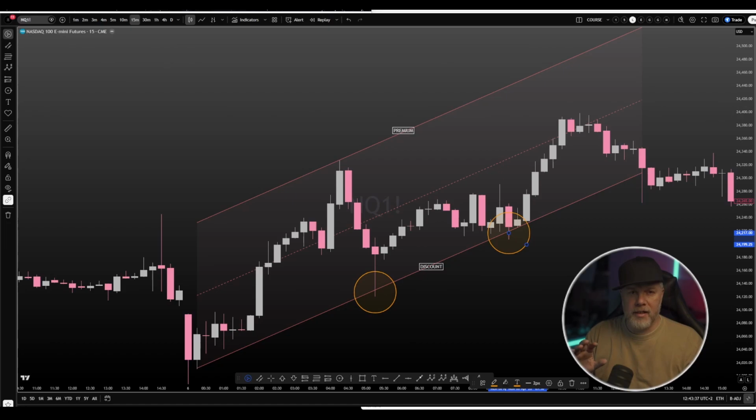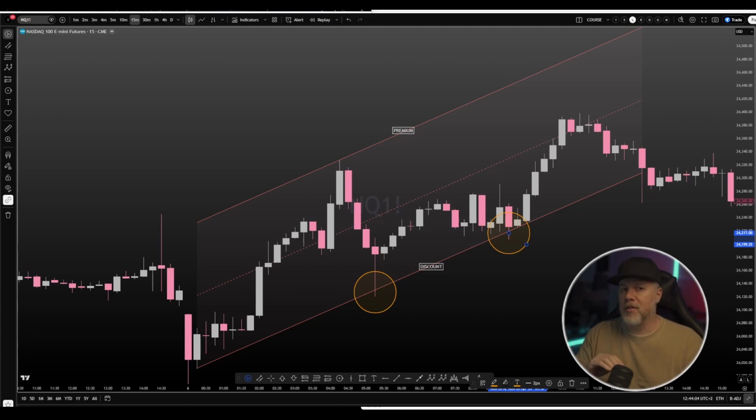Premium and discount are referred to in this course when referring to parallel channels. The lower 50% of any range is a discount zone. If the overall bias is bullish, you want to be buying in the discount, not in the premium. The upper 50% is premium. In a bullish environment, premium is where you look to sell, not buy.